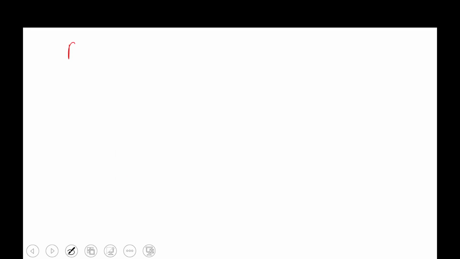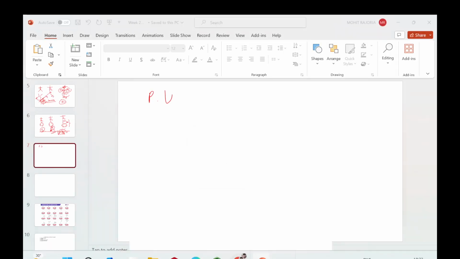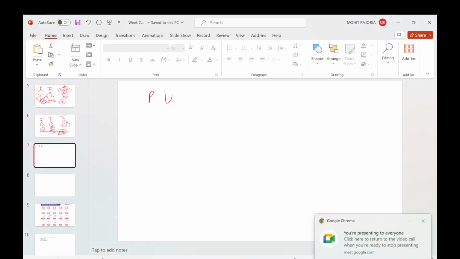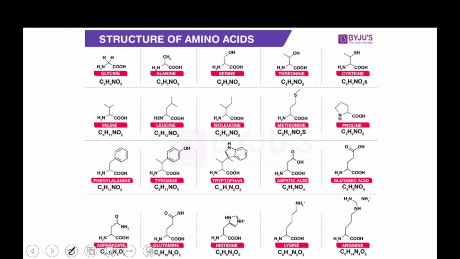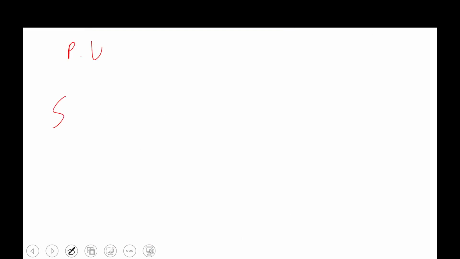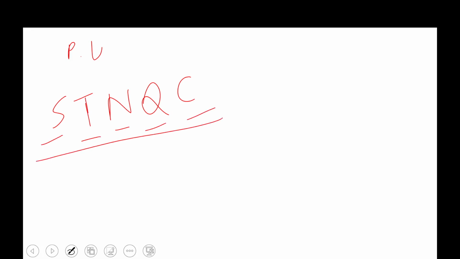We have polar uncharged amino acids: S, T, N, Q, and C. So we have serine, threonine, asparagine, glutamine, and cysteine. These are the polar uncharged amino acids.